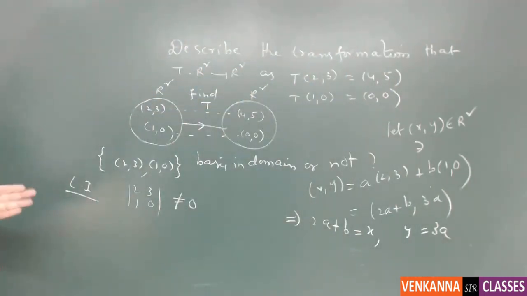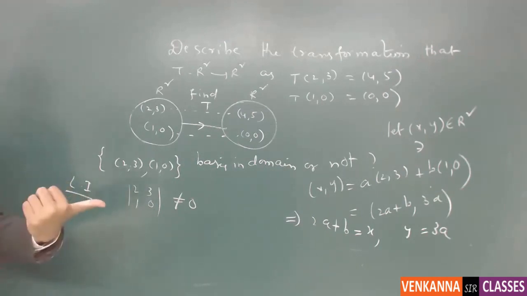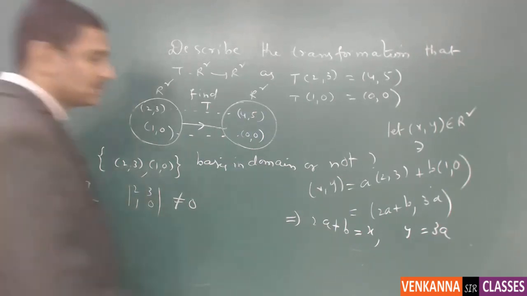You are going to find the values of the scalars a and b in terms of x and y. So I am writing a in terms of x, y, and b in terms of x, y. How does it come?